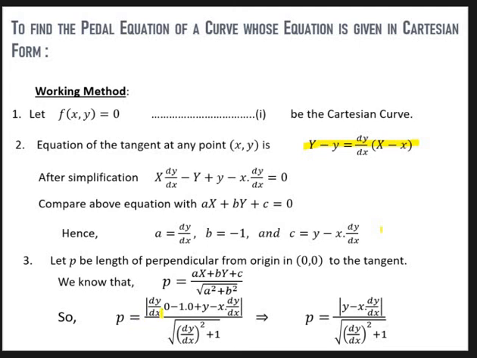So p is equal to dy by dx into 0 minus 1 into 0 plus y minus x dy by dx. Since we are calculating at the origin, X and Y values we have taken as zeros. And this y minus x dy by dx is nothing but c. Hence, p is equal to modulus of c by root of a square plus b square. Treat this as equation 2.